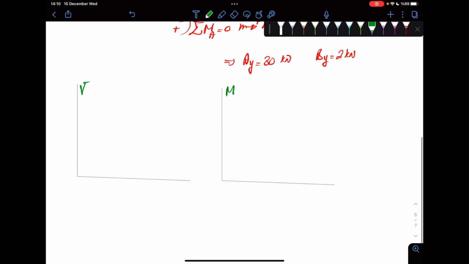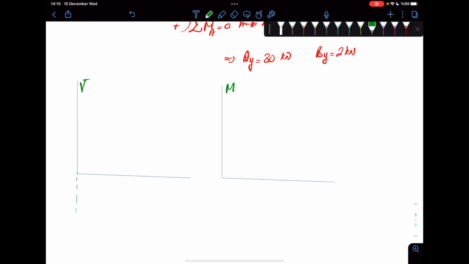Again, the shear diagram starts from minus 12. Then you have 30 upwards, you go all the way to 18. And then it would be 18 up to the point that you have the next force that is 20 downwards. And then in the last part, it's simply minus 2, okay?